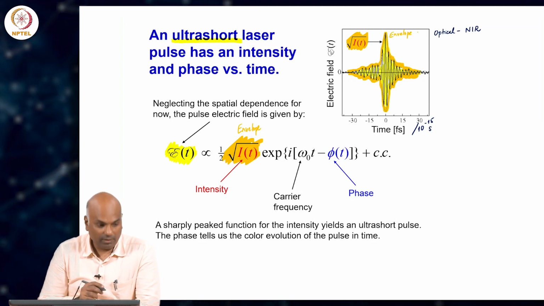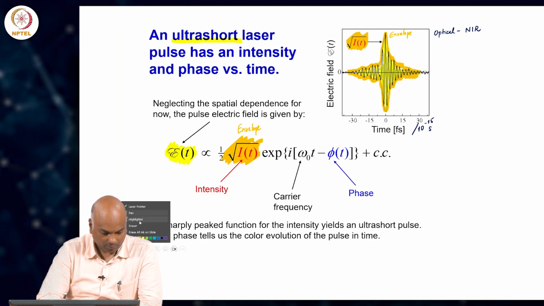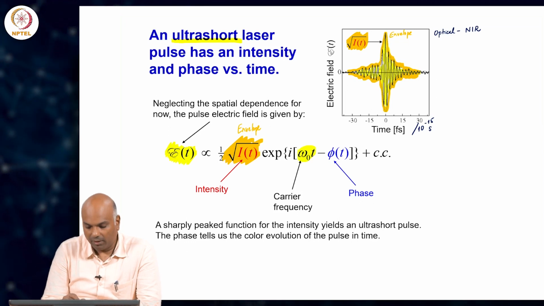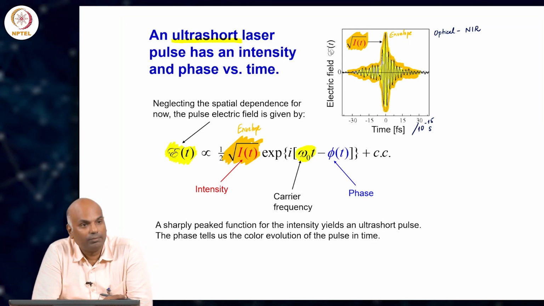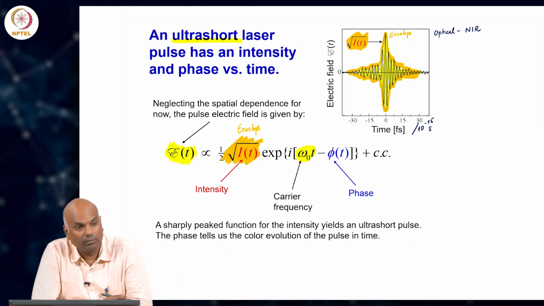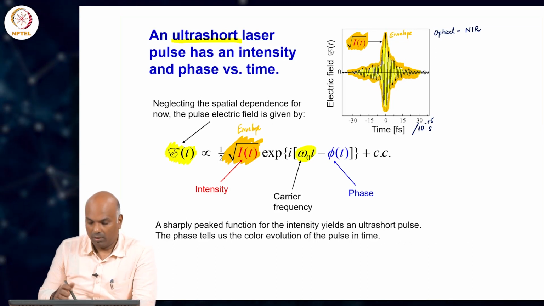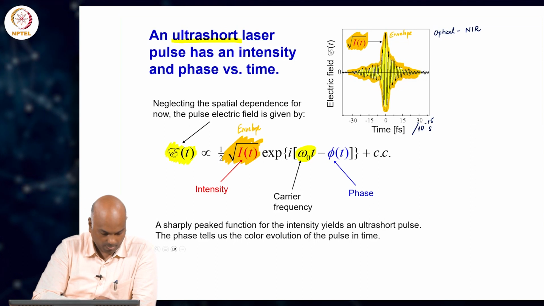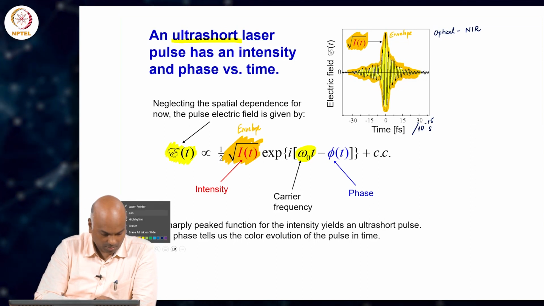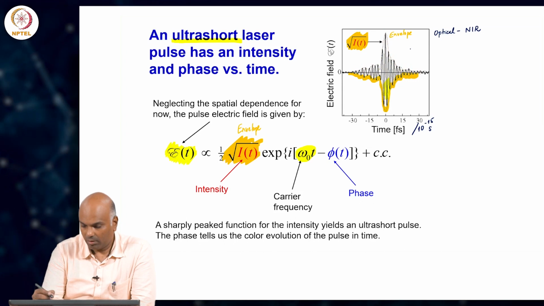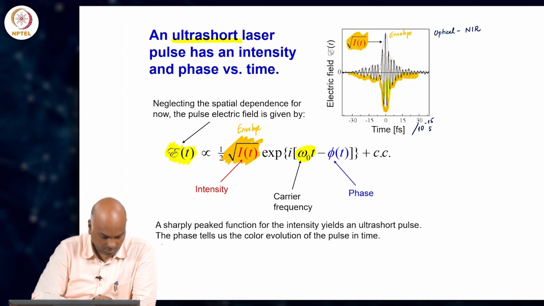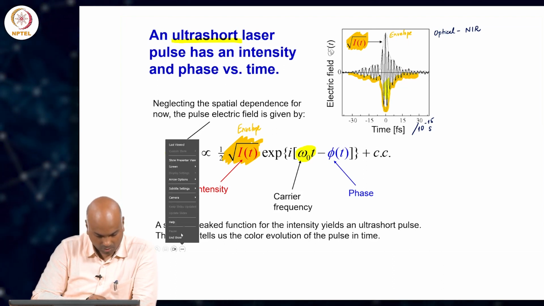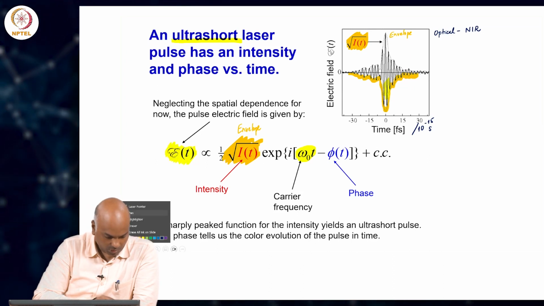Okay. Then there is the carrier. The carrier is here, omega naught of t, right. That is the yellow part. Ouch, okay, I undid. Can I undo? Okay, I do not think I can undo it.